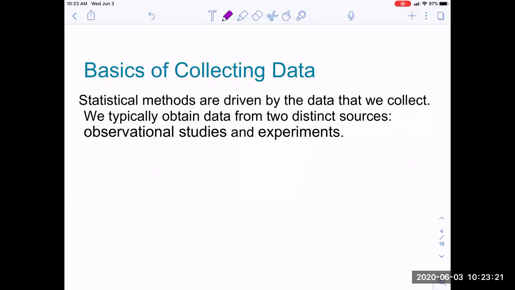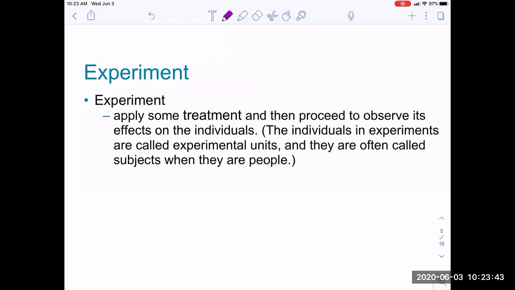A lot of the problems that we do in this class are observational studies. Some of the problems are experiments, and I think you learned about experiments in other science classes, so I won't cover them in depth. You can read the section about them. But the big difference is, with an experiment, you impose a treatment on someone.